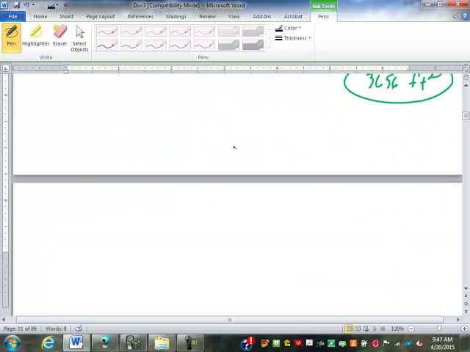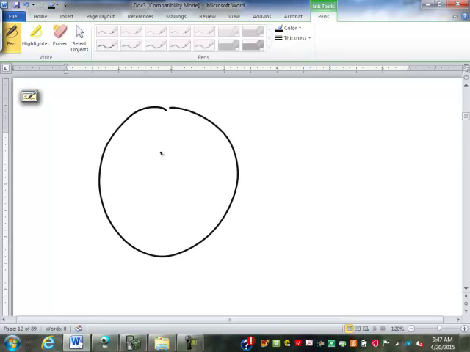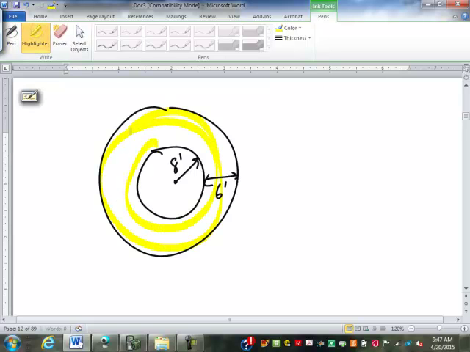Let's throw another fun one out there. Let's do this one. What I want here is the area of the donut ring.